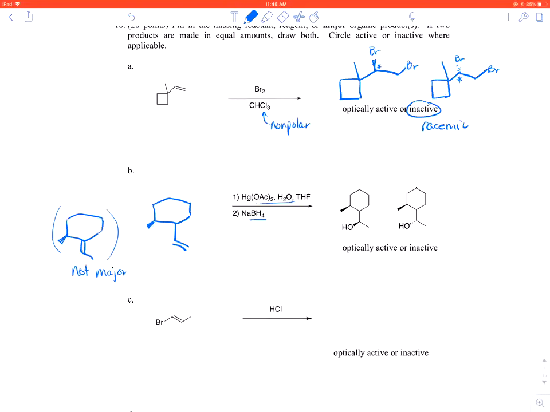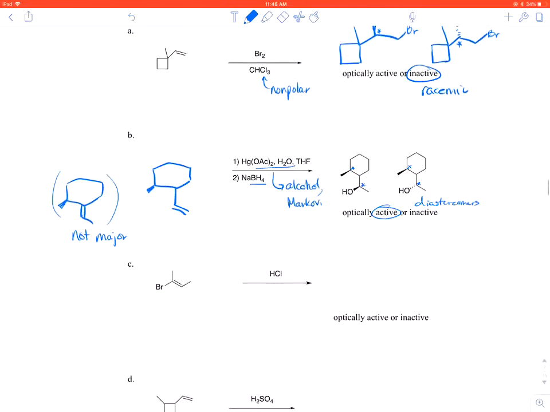Okay, so this is a pair of diastereomers. This would be active. Remember, this chiral center did not change, and then we form a mixed set of centers there in the reaction. Okay, so these conditions produce alcohol via Markovnikov addition.